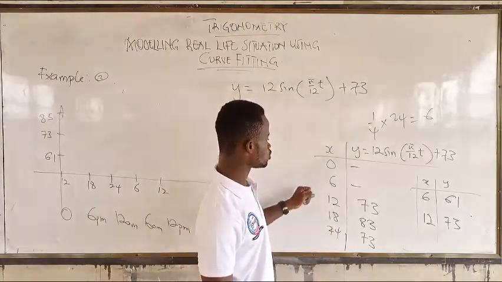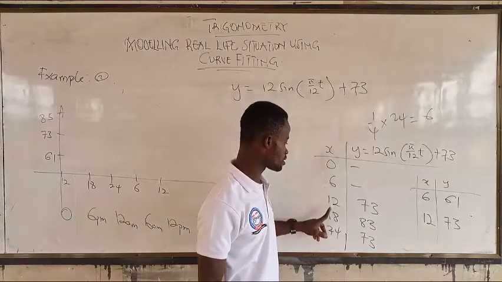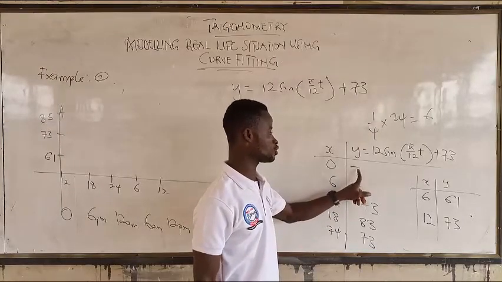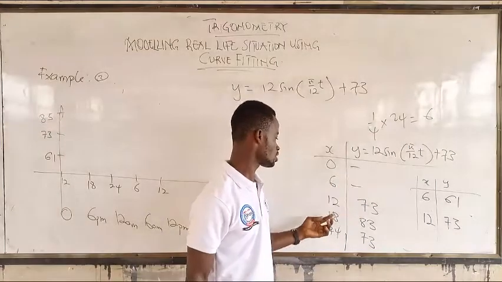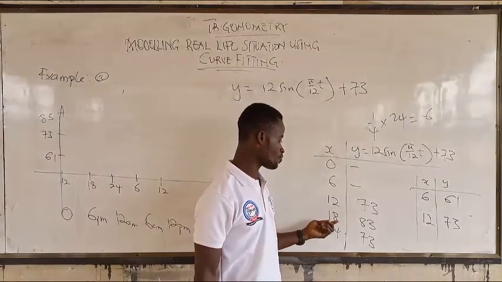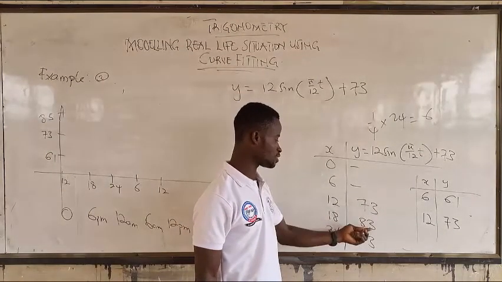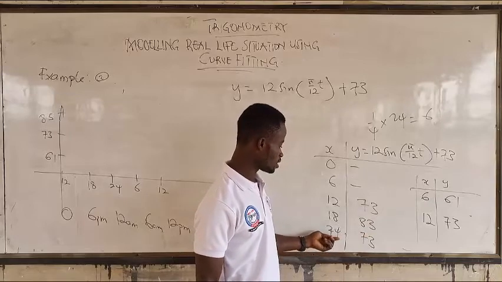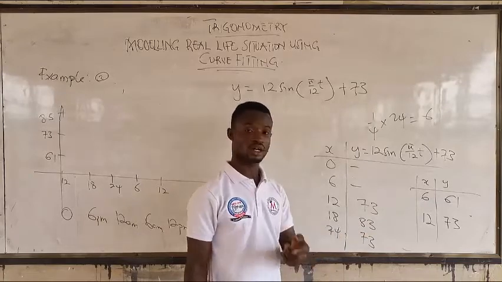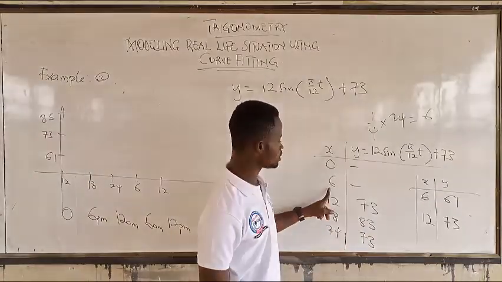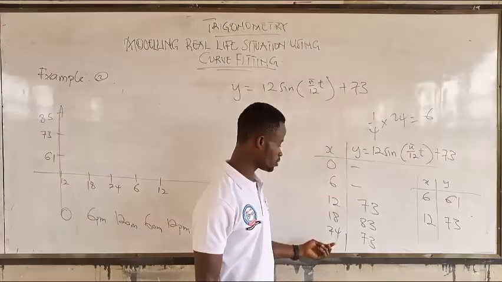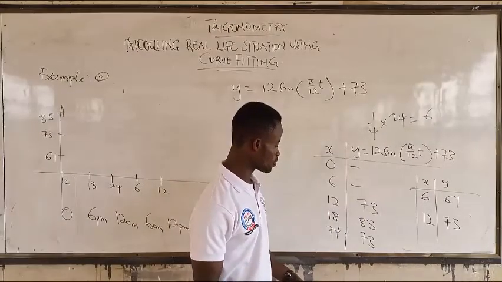So 0, then you add 6, you get 6, then 12, then 18, then 24.